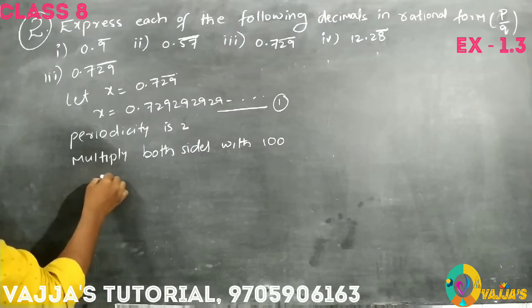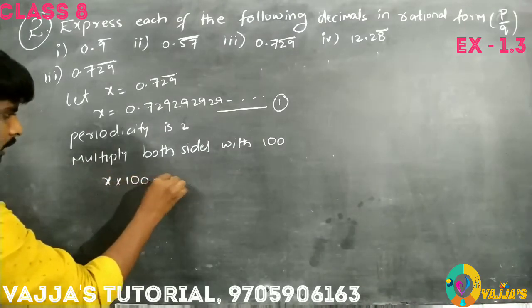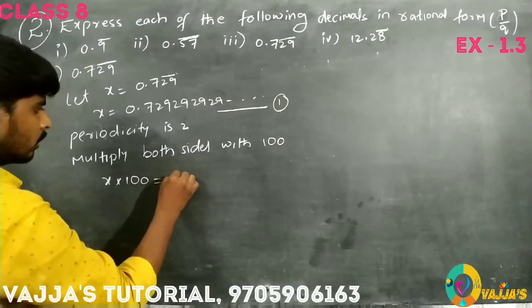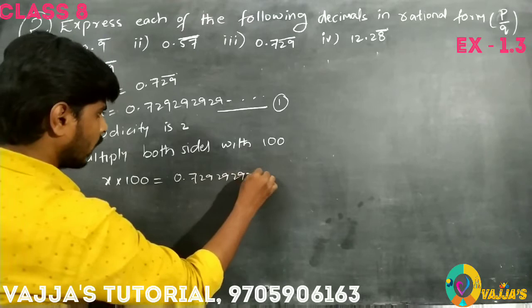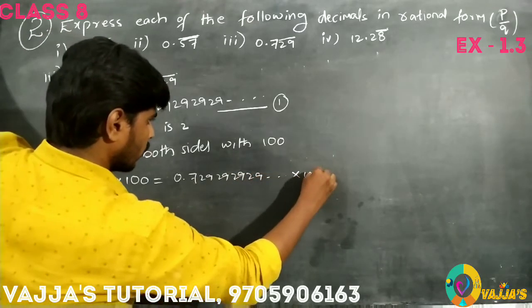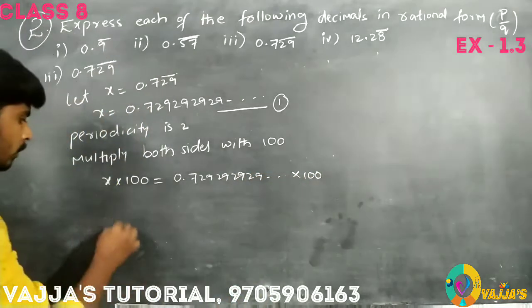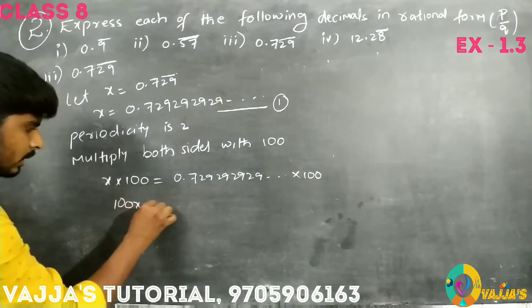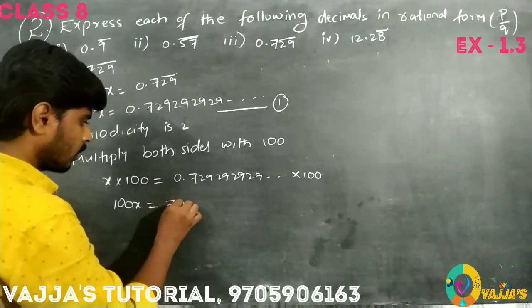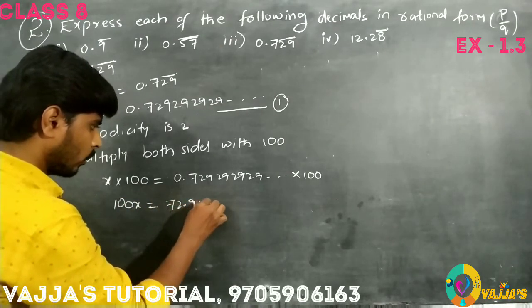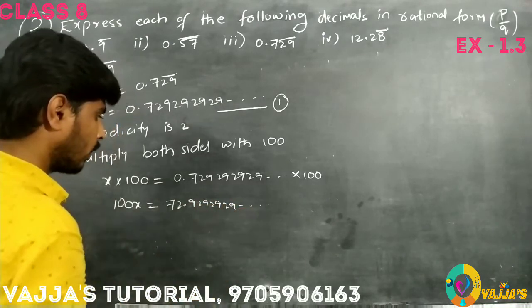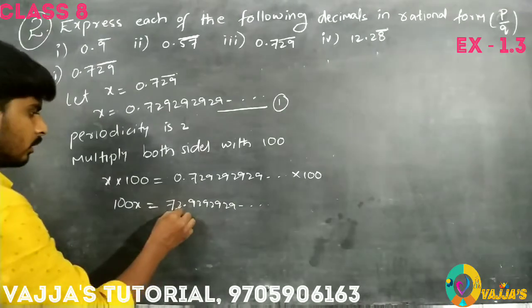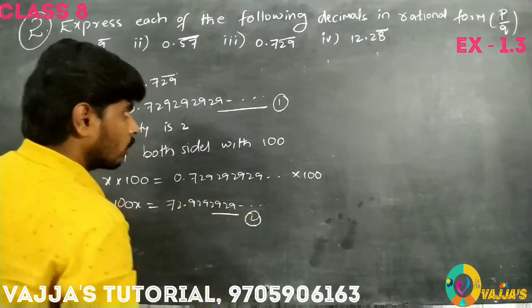So x into 100 is equal to 0.72929 and so on into 100. So what becomes more? So 100x is equal to 72.929 and so on. Okay, right. This is equation 2.